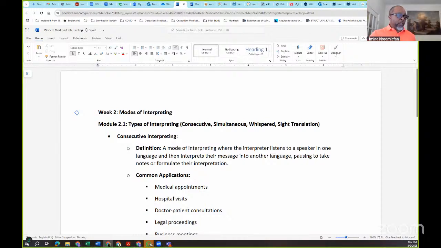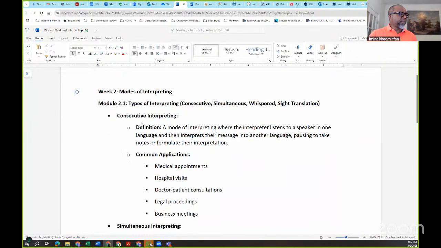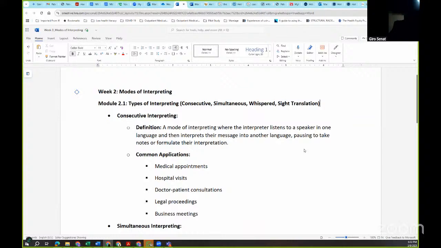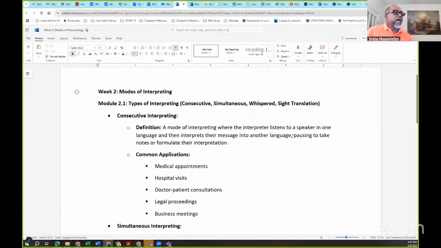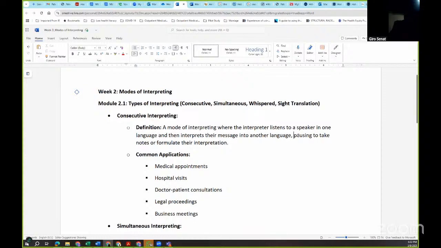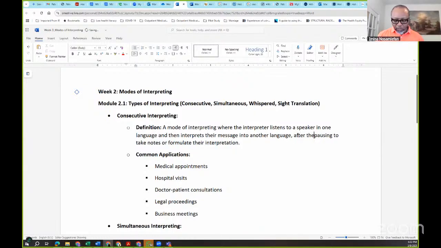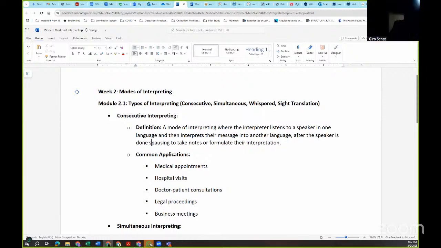Now, what do each of these mean? Sight translation. Okay, well, let's start with consecutive. So consecutive is where the interpreter listens to the speaker in one language and interprets the message into another language after the speaker is done speaking.